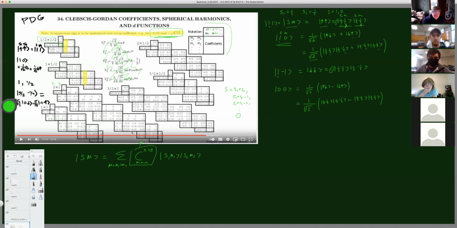So we get a positive 1 over the square root of 2 on the state M1 equal up, M2 equal down, and then a -1 over the square root of 2 on the state M1 equal down, M2 equal up.